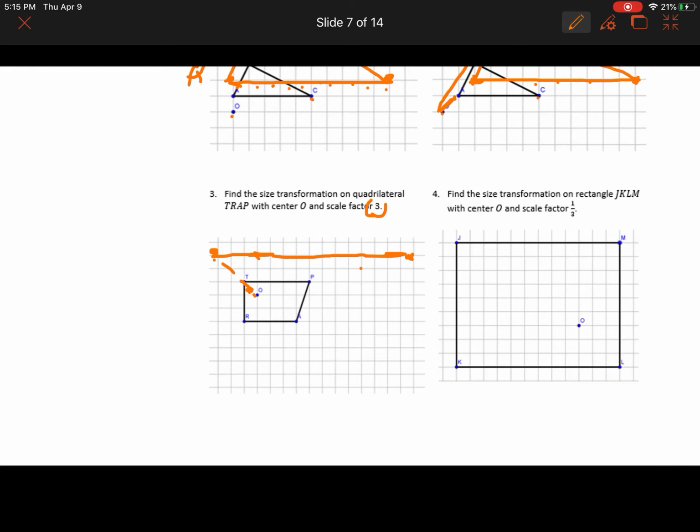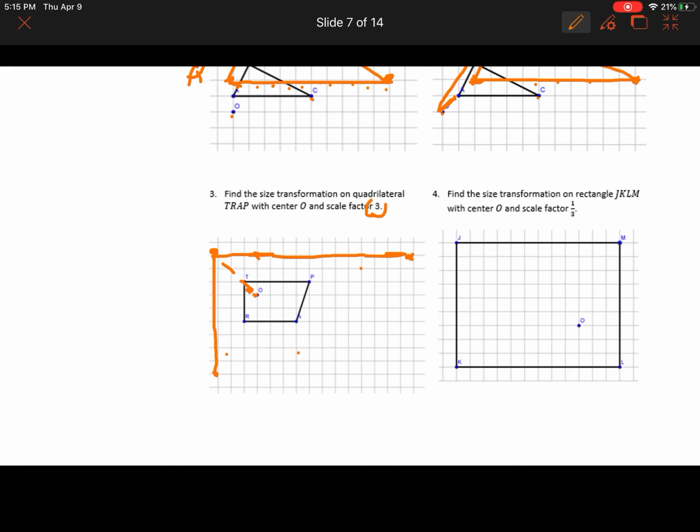So that would be my new point. Down here is over 1, down 2. 1, there'd be 2, which I could have known it was going to end up on here. And this is also a horizontal line, so I just have to figure out where it stops. And from O to A is going to be down 2 over 3.